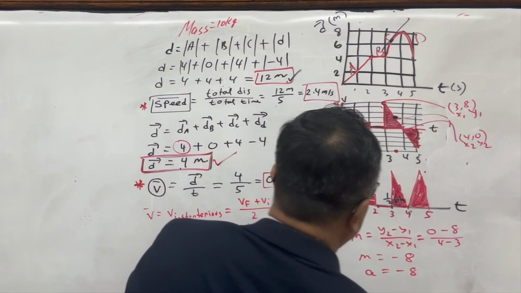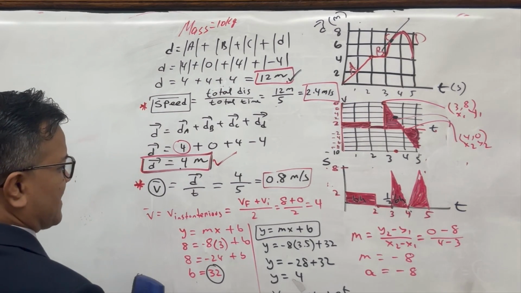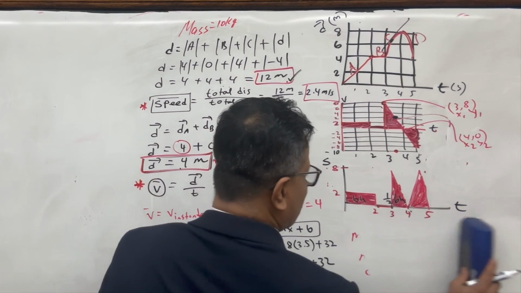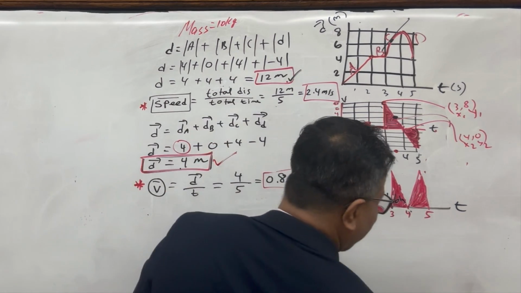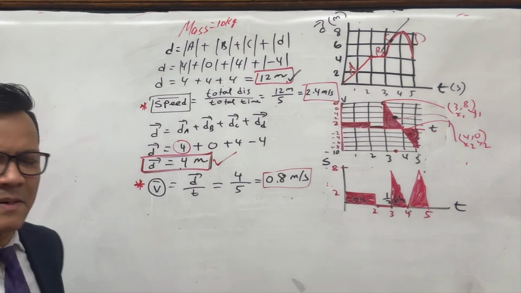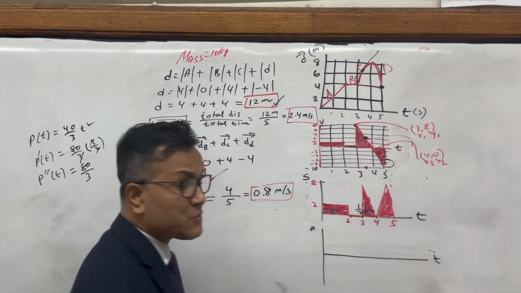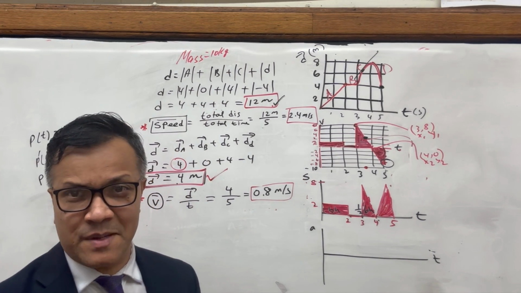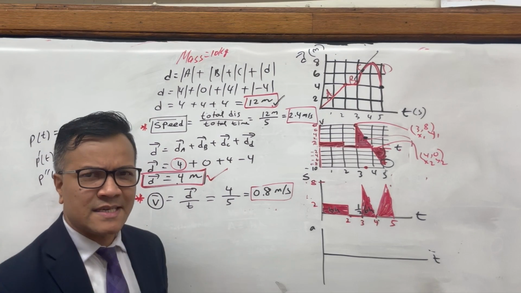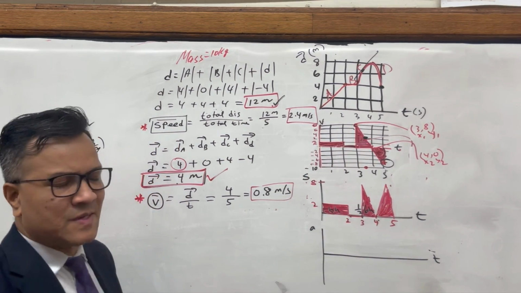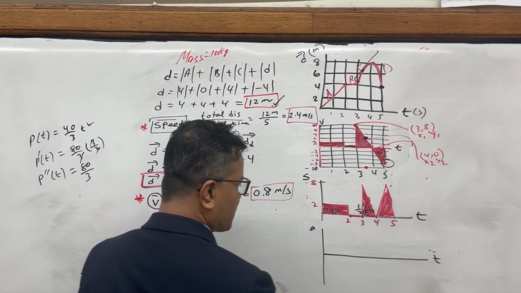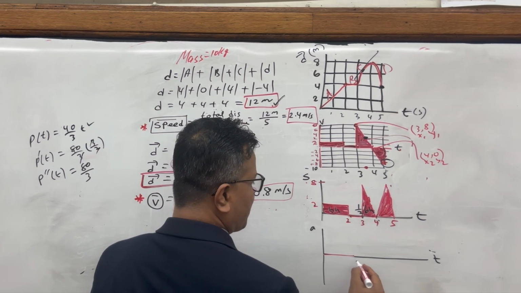Okay, good. Now, what else do we need to find? We need to find the force. Before we find the force, we're going to have to convert to the acceleration versus time graph. But please understand that we cannot do an acceleration versus time graph here. Why is that? Because the acceleration is not continuous. We can draw an acceleration versus time graph, but it will not make sense.